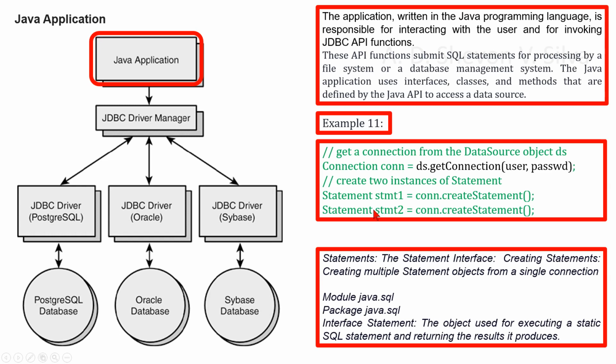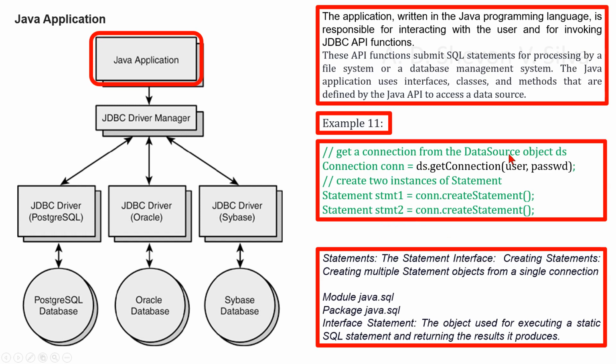Statement objects are created by connection objects. Each connection object can create multiple statement objects that may be used concurrently by a program, which is demonstrated in this code example.